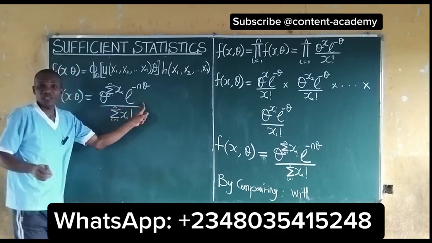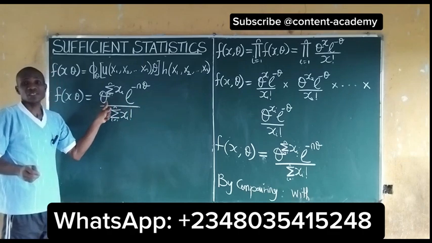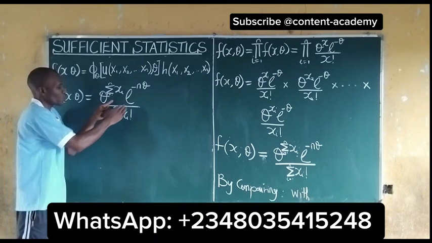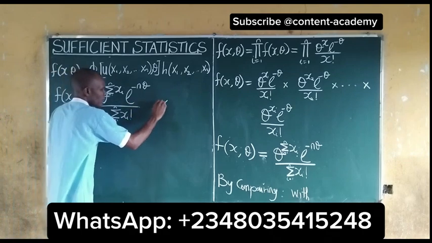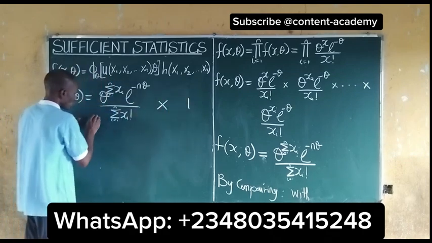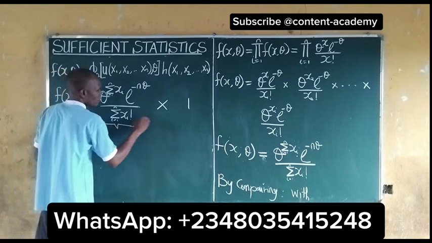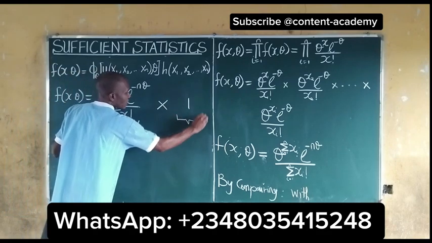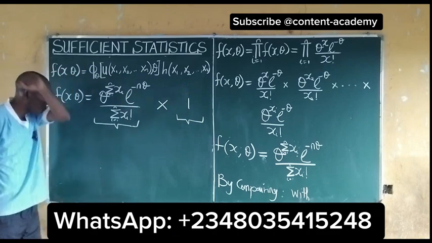Of course, we cannot separate any of these because they are together with the Poisson distribution. So we say multiply by 1. So this becomes one component and this becomes another component.